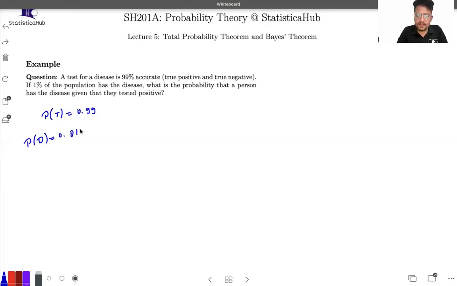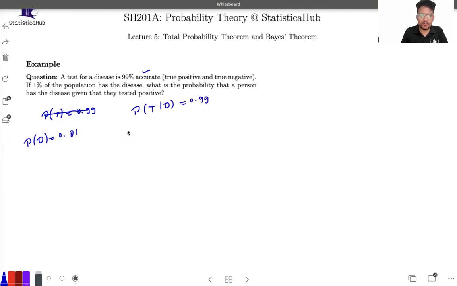Very simple concept. So I can just change this part. This can be written as probability of getting a true test given that D is there. Just consider T to be like true positive maybe. This is given to be 0.99.